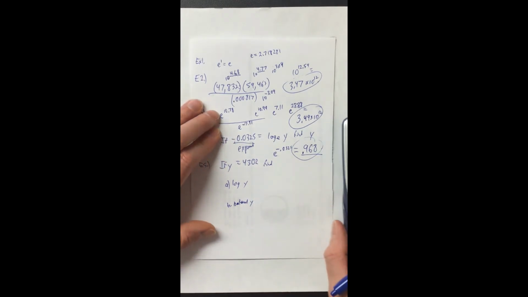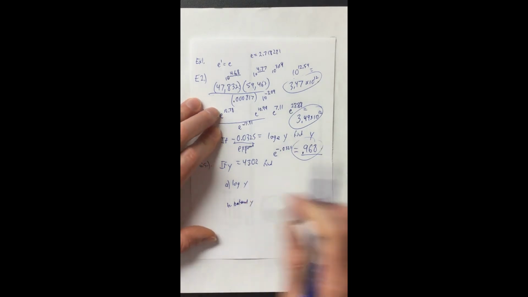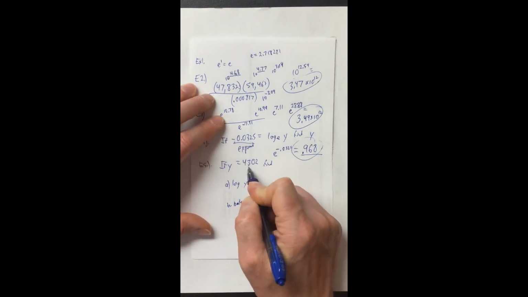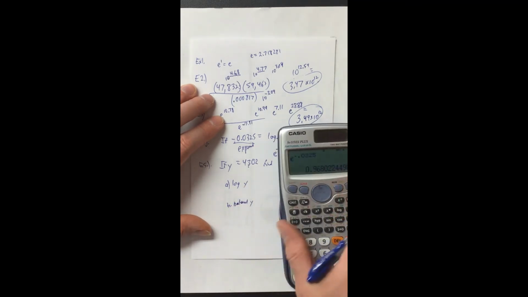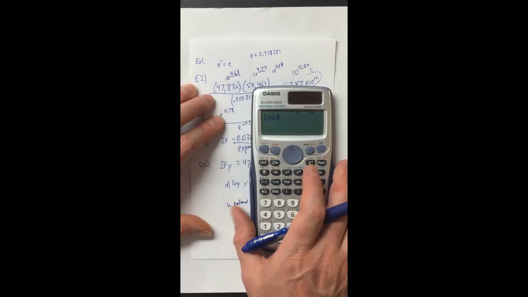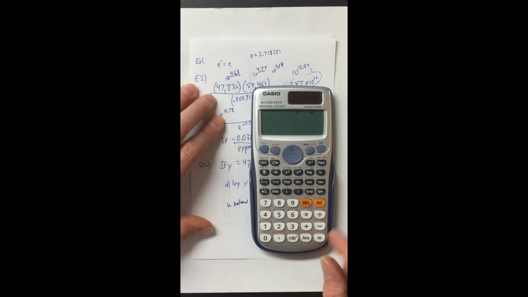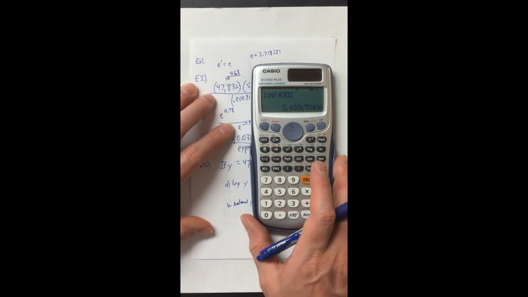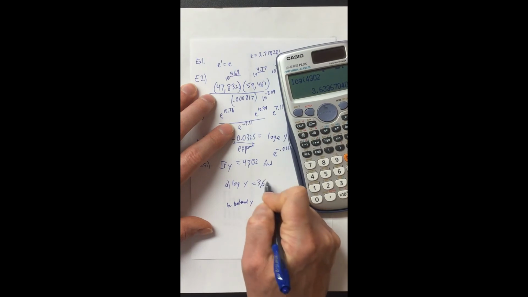Okay, so in this one here, they're giving me the anti-logarithm. What am I trying to find? I'm trying to find the logarithm. Okay, so in this first one here, I'm going to hit log. I'm going to put in my number of 4302, hit enter, and so my answer for that one there is equal to 3.63.